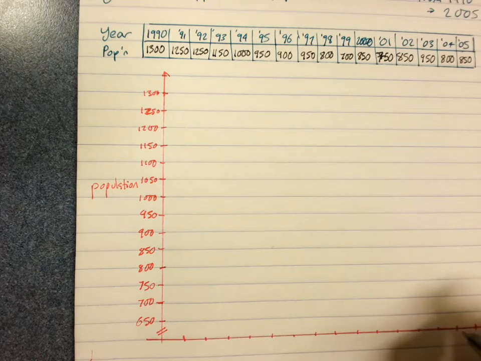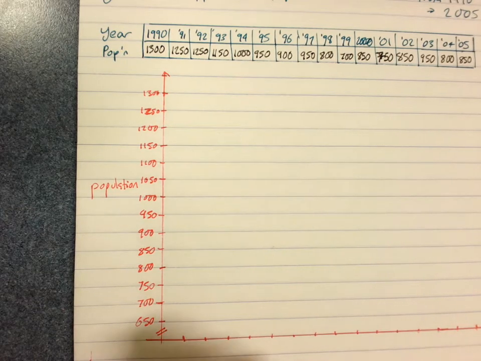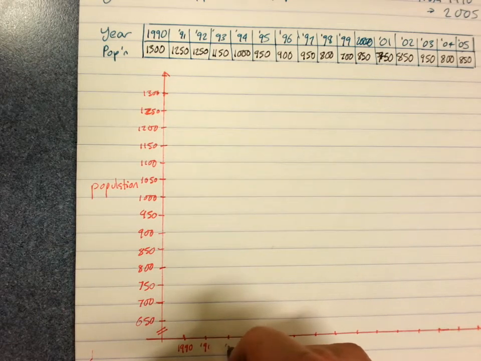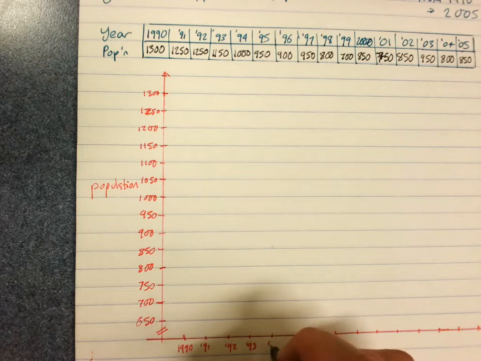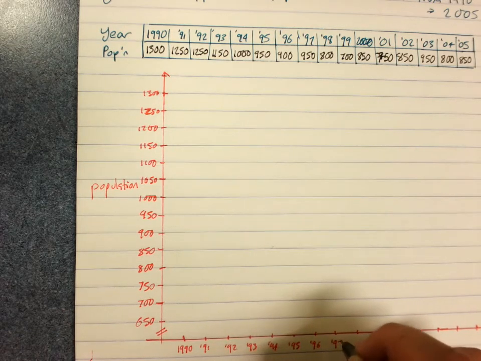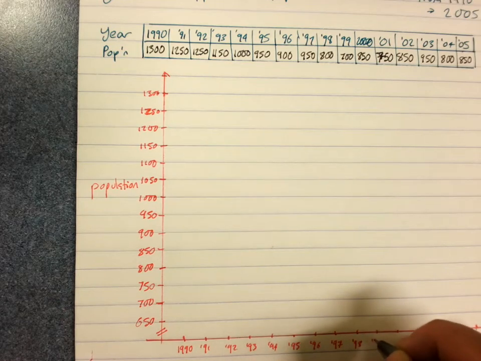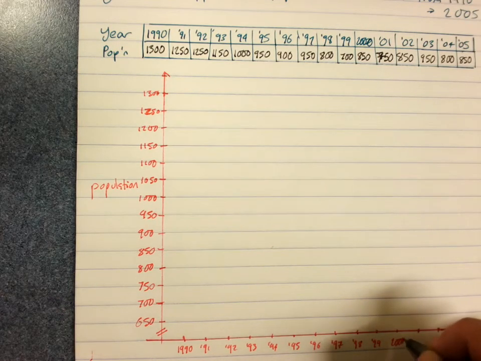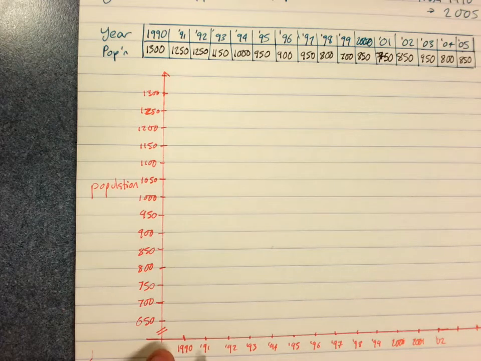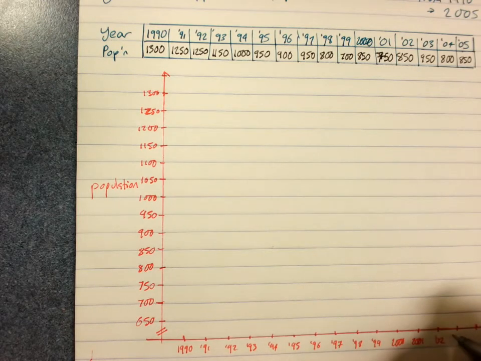So, doing your best to get even little gradations there. Sorry, I should have been more consistent with that. I did want to make sure we knew this was 1990 and then 2000.